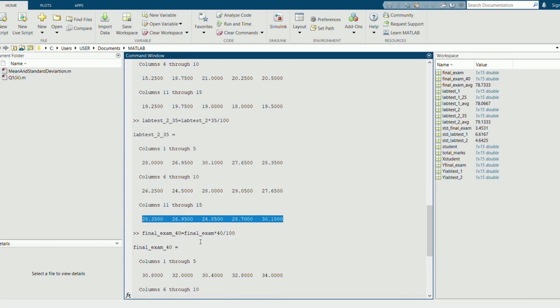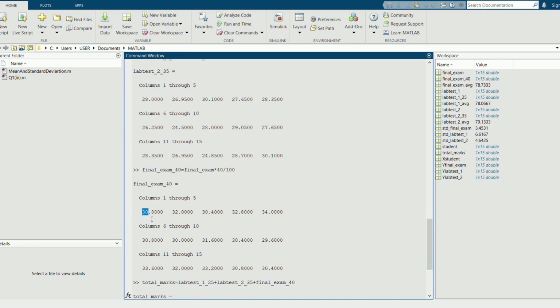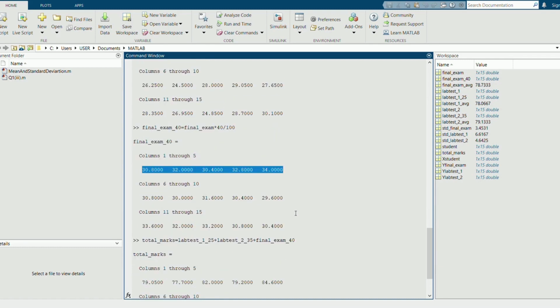For the final exam, it is final exam times 40 divided by 100, meaning 40%. The result I get is after we multiply by 40 over 100.